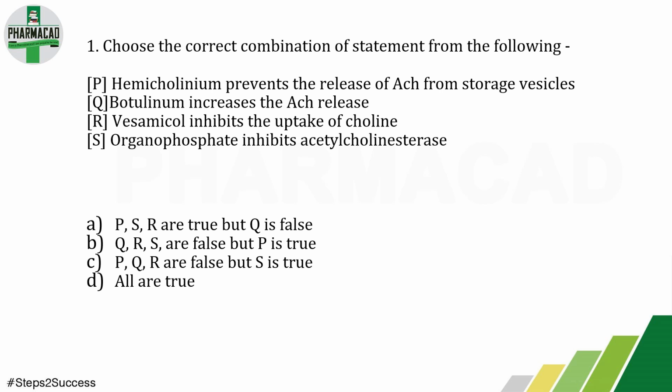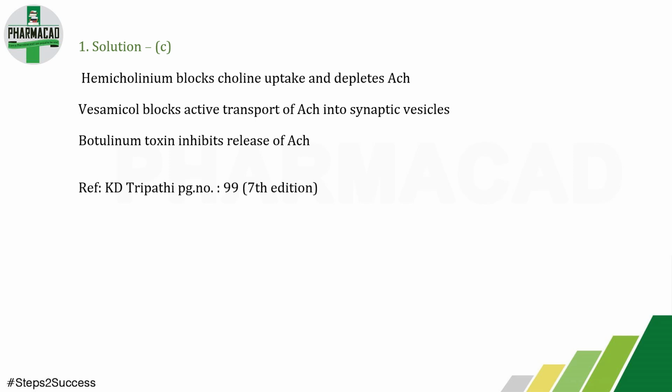So we have four options here, that is A, B, C and D. Let's look at the solution. The solution is option C, that is P, Q, R are false statements but S is true.